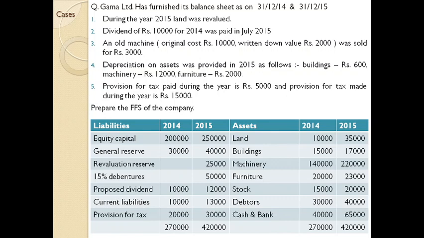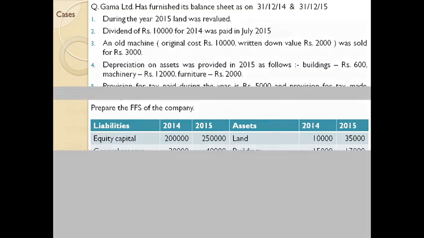As we all know, in order to prepare a fund flow statement of a concern, first of all you need to prepare a schedule of changes in working capital. That is the first step. We have done numerous cases regarding it, and you all know how to prepare it.